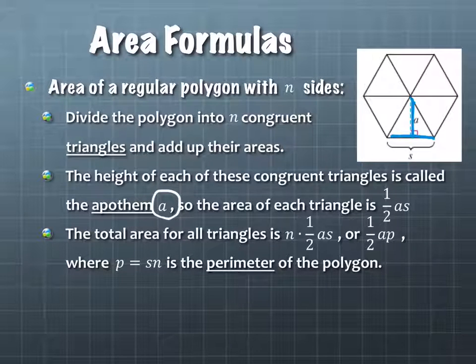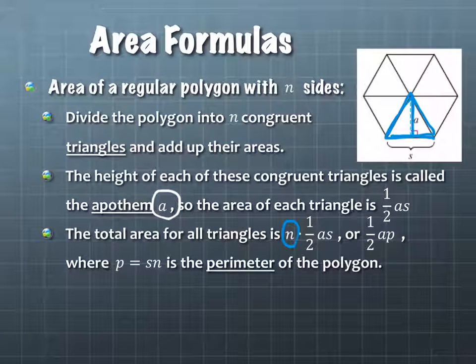So we end up getting the area of, say, this triangle right here. And then we multiply that by the number of sides of our polygon, 5, or 6 in this case, because I have a hexagon drawn on my screen. So I would have 6 times 1/2 base, which is s, times the height, which is a.